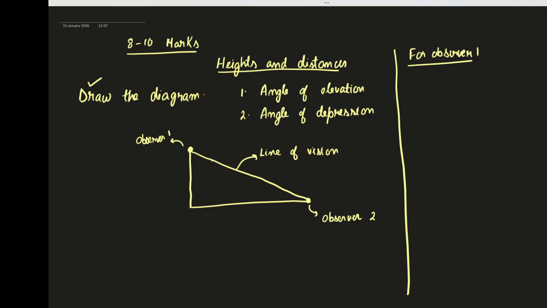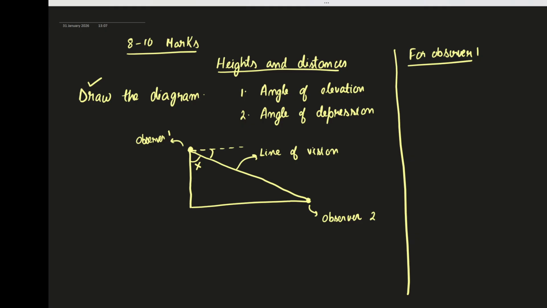Now comes the definition of angle of depression and angle of elevation. For observer 1, the angles are always defined with respect to the line of vision. It's always this angle that we define and not this. This is wrong. Why? Because this angle is defined with the building, right?